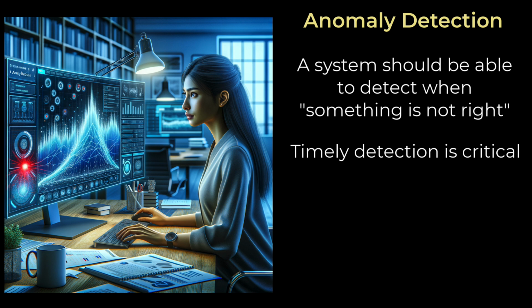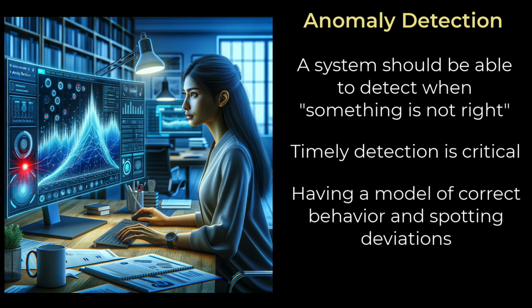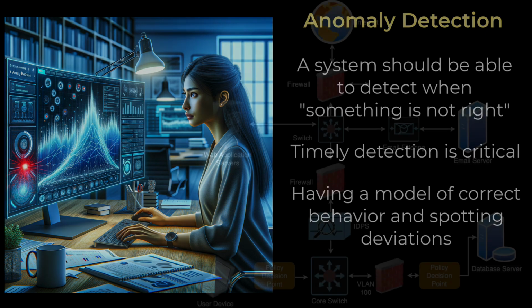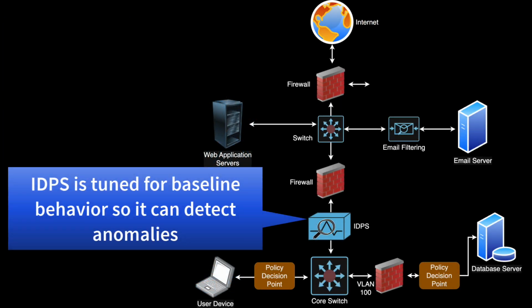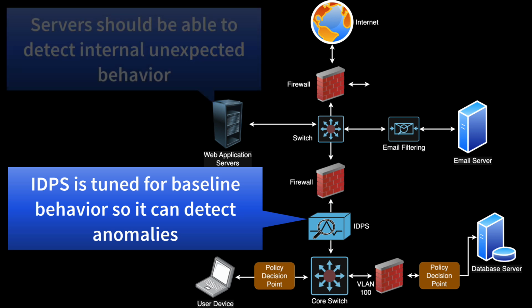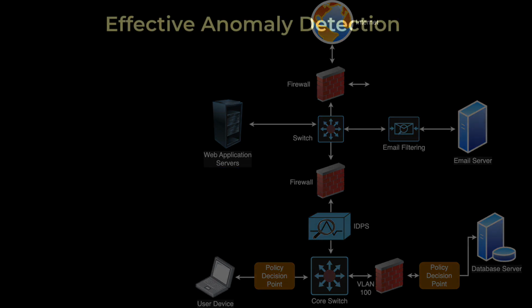The NIST defines anomaly detection in terms of having a model of correct behavior and spotting deviations. For example, an intrusion detection system, IDS, monitors network traffic for patterns that don't match normal usage, or a server monitors its own performance metrics for unusual spikes that could indicate malware.